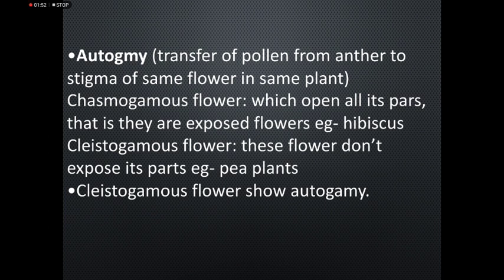Example, pea plant. Cleistogamous flowers generally show autogamy, which can be discussed later. That means autogamy is transfer of pollen grains from anther to stigma of the same flower in the same plant.